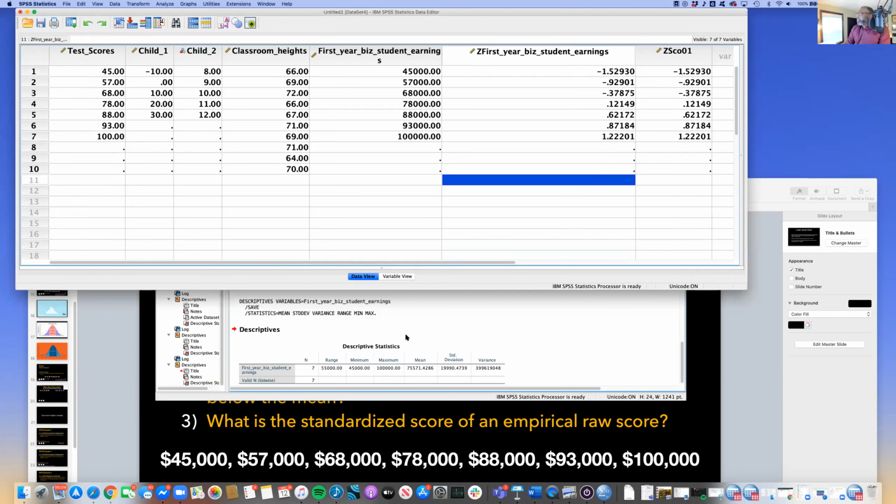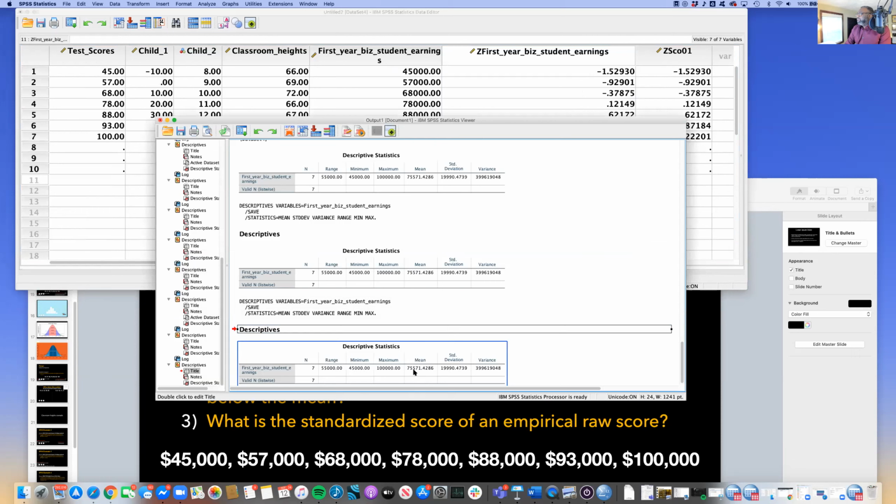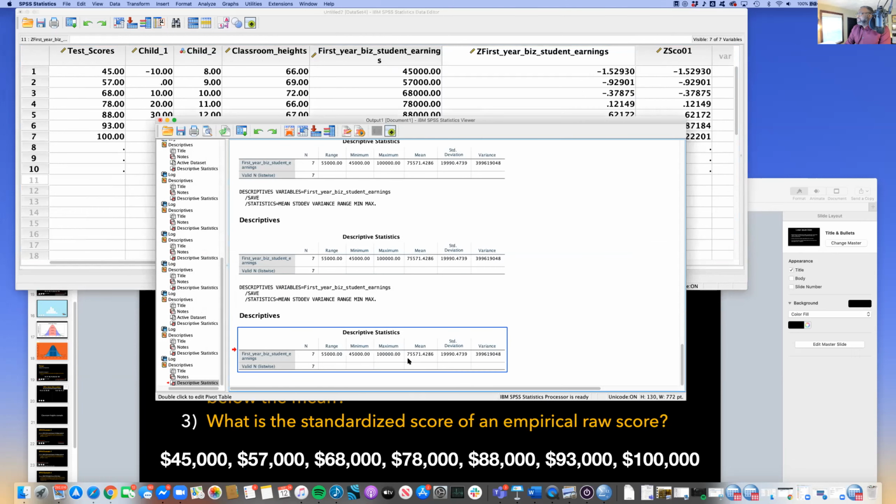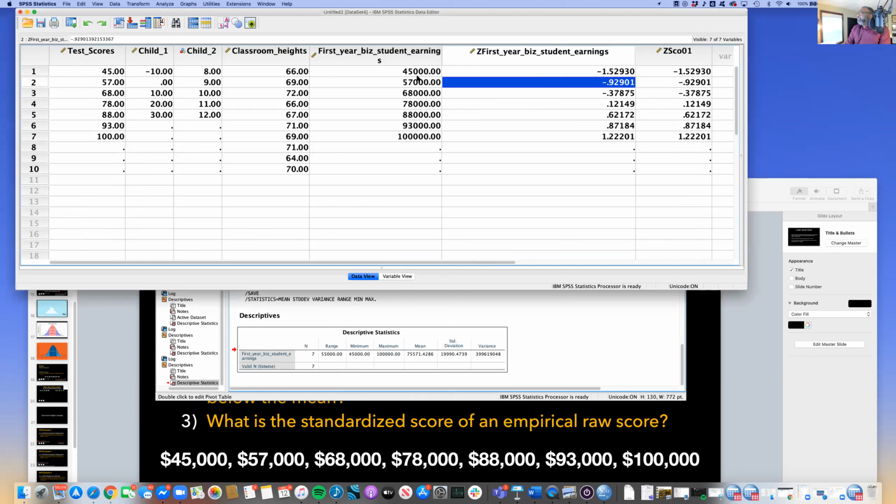So remember, we're going to go back here to our output, and we remember that our mean is $75,000. So that's your midpoint on your bell curve, right? So how far away on a bell curve do you think that $45,000 is from $75,000? Pretty far, right? So what if this represents standard deviations from the mean?